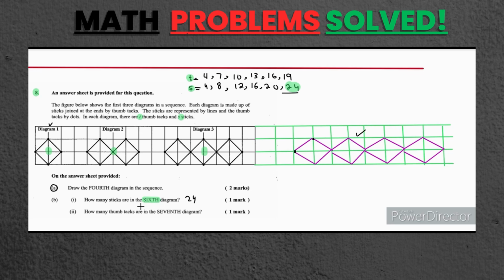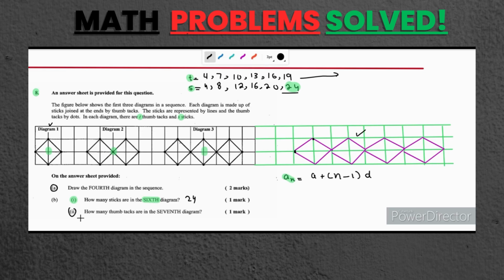Then what we have to find here: how many thumbtacks are in the 17th diagram. We can see that is farther away, so we will use the formula a_n equals a plus n minus 1 times d. We can also use this for the earlier part, but that was simple, so we counted it directly.